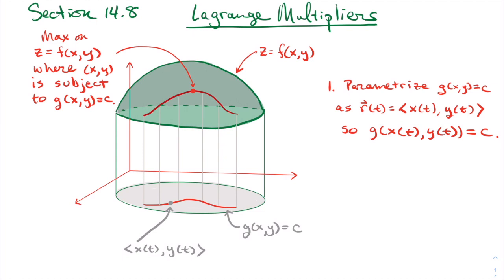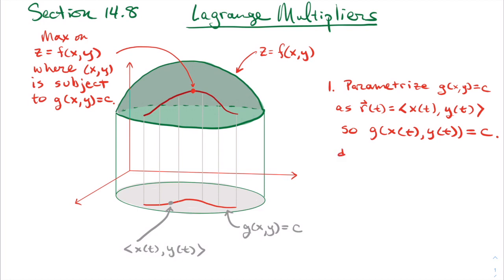With that expression, we're going to apply the chain rule to just show that the gradients of g, which are gradient vectors, are always perpendicular to g. So let's take that moment real quick here. Let's do the chain rule.